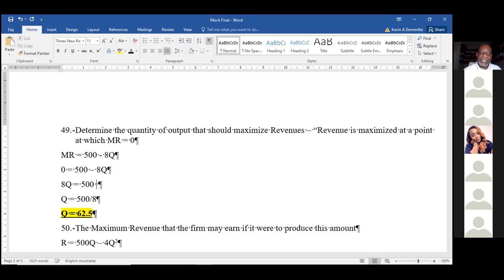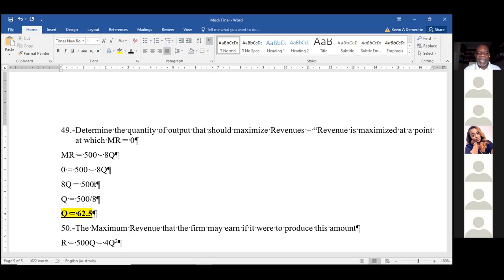We could just ignore the 0, but I wanted you to see the operations. So in essence, if that was a regular number besides 0, we'd have moved it over to the right-hand side, and it would become a negative value. Moving the 0 over to the right-hand side also becomes a negative value, but since it's 0, it falls away. So we end up with 8Q equals 500.